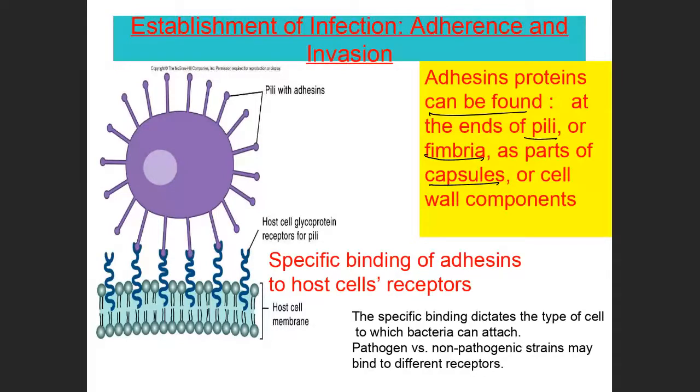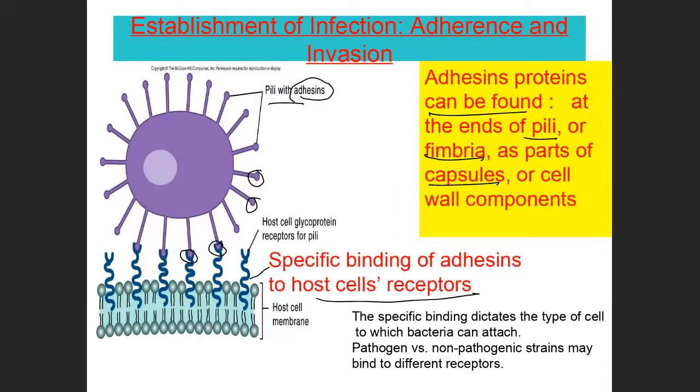So this is a bacterial cell that has fimbriae. I guess they're calling it pili now, but okay, pili or fimbriae would be a little bit shorter perhaps. And at the very end of this protein structure, there is a molecule called adhesin with which this bacterial cell binds to specific receptors in the host cell.